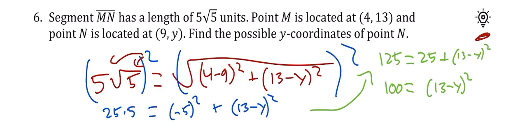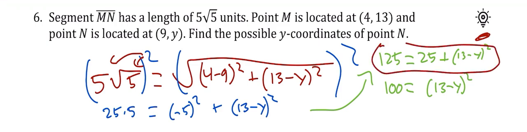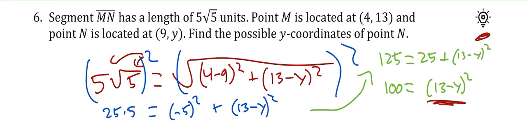One thing you might be thinking to do at this step is trying to take the square root. We're about to do that in this next step, but we can't do that up here quite yet, because when you take the square root of both sides to solve an equation, you want to have the thing that's being squared, in this case the 13 minus y, all by itself already. By this next step, we get to that point where (13 minus y) squared is all by itself on the right side of the equation.